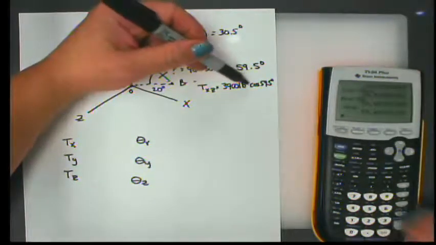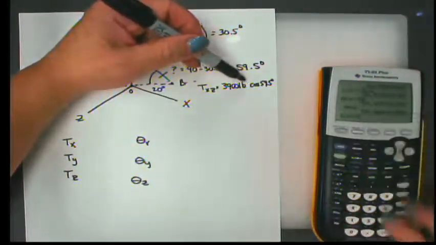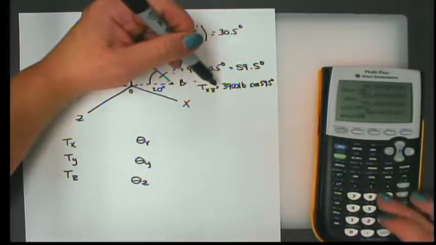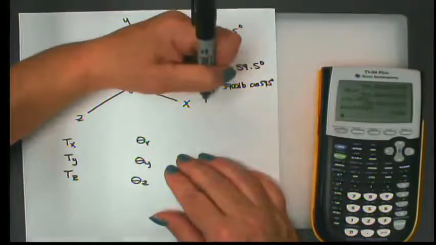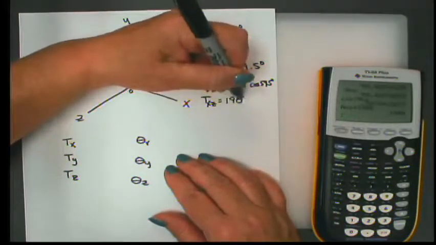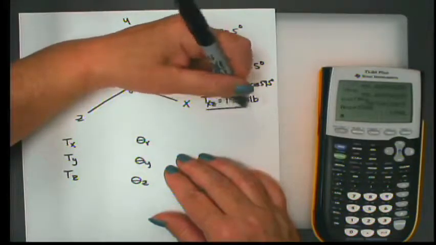The cosine of that number is 0.5 something, multiply that by 3,900, and so the tension in the xz plane is equal to 1,980 pounds.